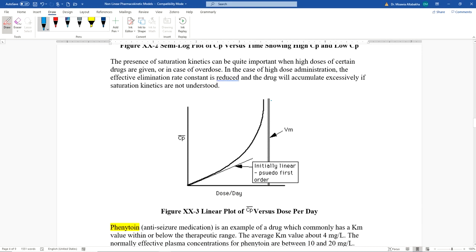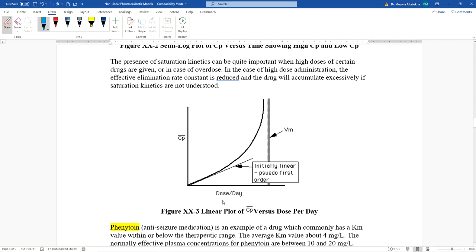Now, how do I discover such a thing? Hypothetically, let's say Ala doesn't know if her drug is following first order or non-linear or linear, and she wants to test that.